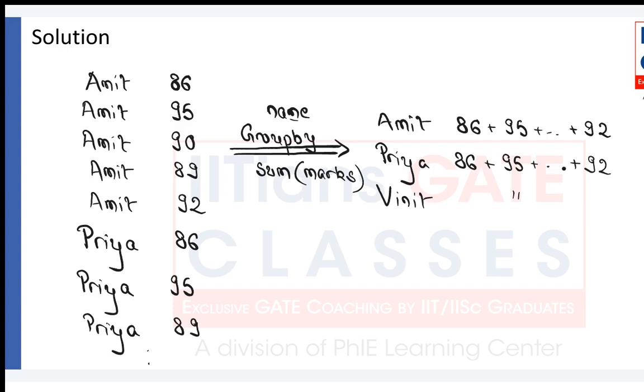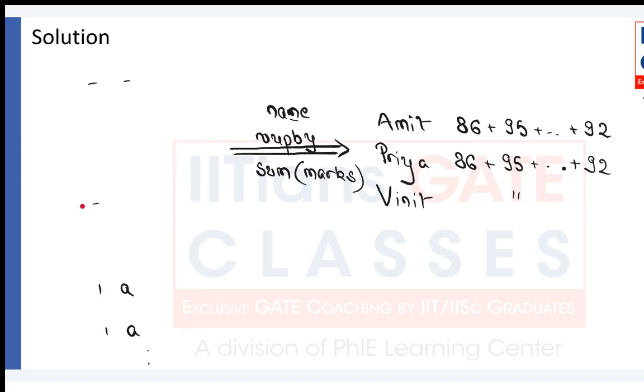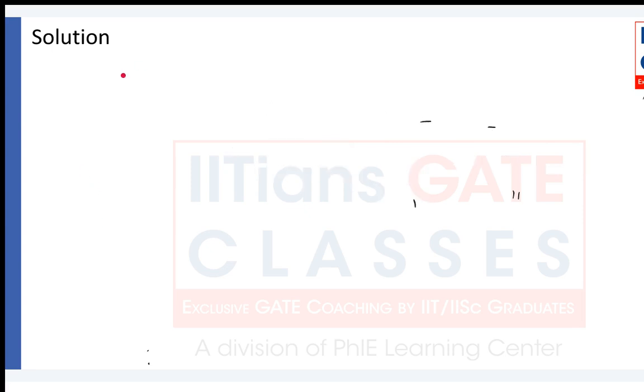So, Jigya, can I erase this? Okay. So, what are the rows that will be returned?